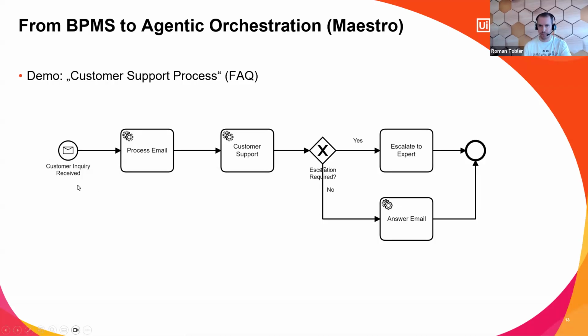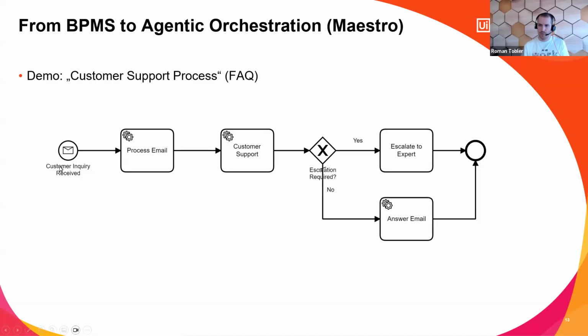This is a BPMN model, which should be a standard that we all understand. And this has come to the UiPath platform, first under agentic orchestration, and now the product is called Maestro, which brings these components together.